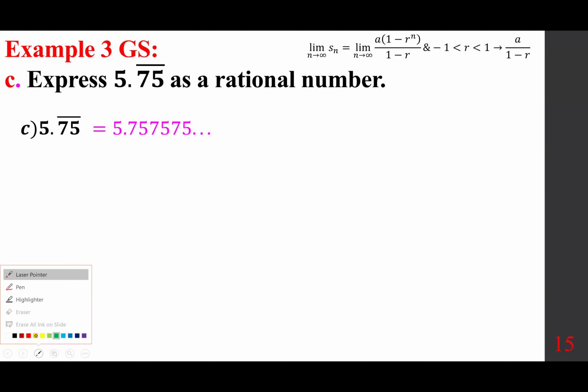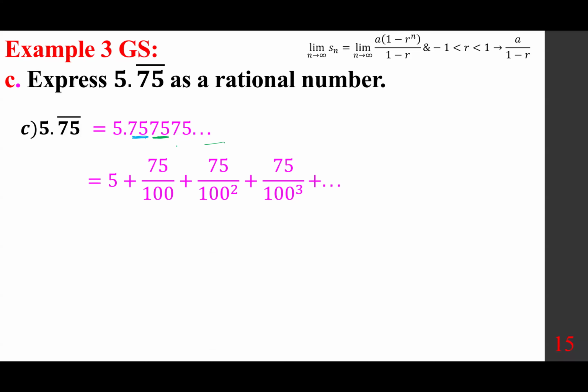Meaning, this one is 75 over 100 or 0.75. This part is 75 over 100 squared or 0.0075 and so on. So we get this, meaning this part is this part. And for that repeating portion, we go with the geometric sequence where the first term is 75.